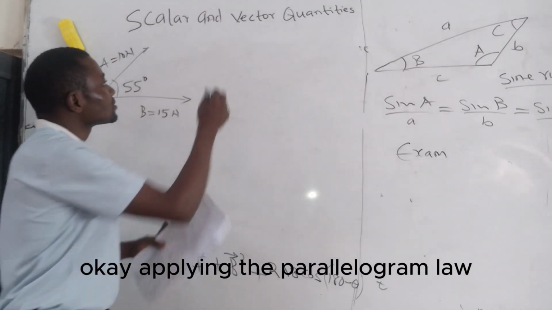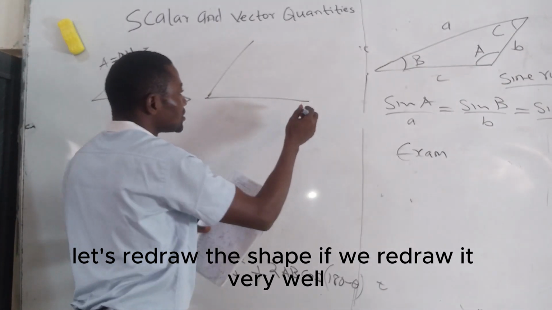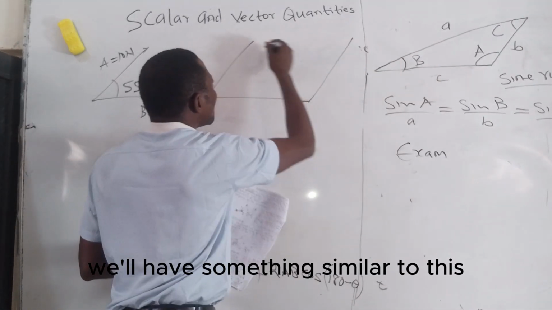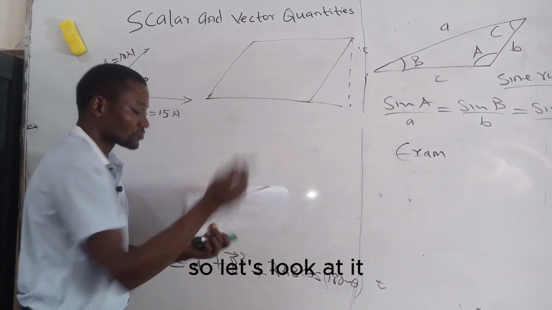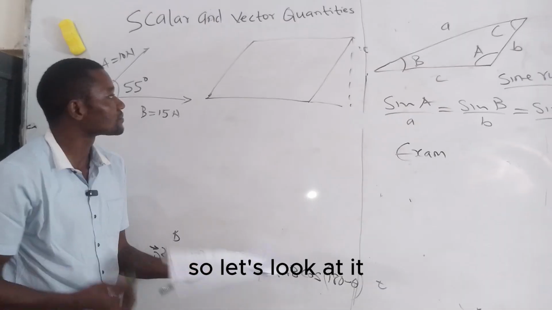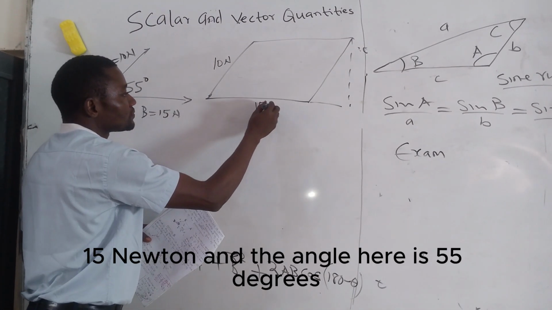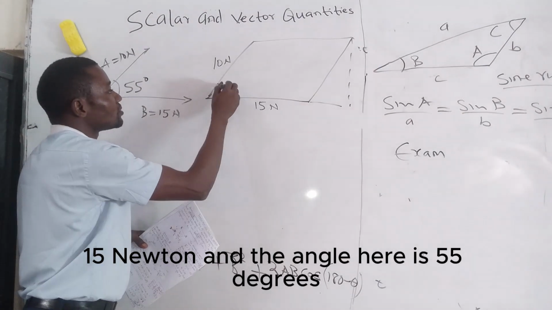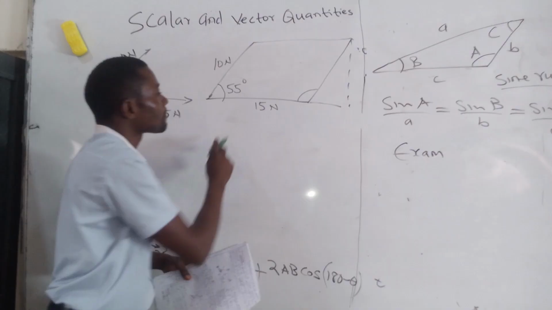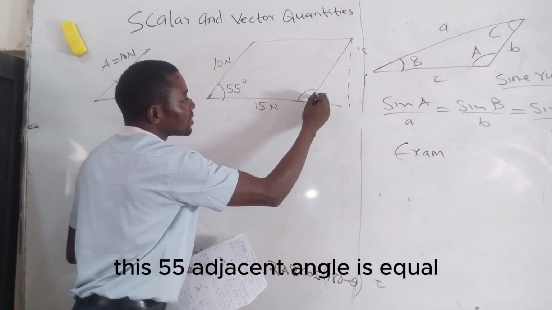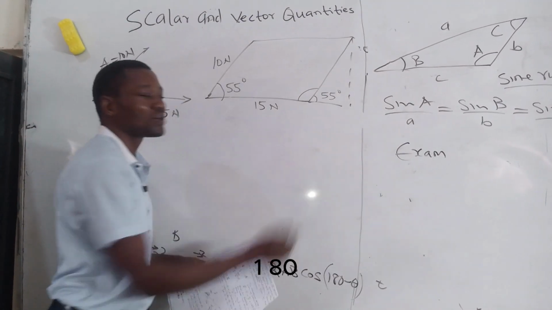Applying the parallelogram law, let's redraw the shape. If we redraw it very well, we'll have something similar to this. This is A, 10 Newton, 15 Newton, and the angle here is 55 degrees. So this adjacent 55 angle is equal. An angle on a straight line is what? 180.